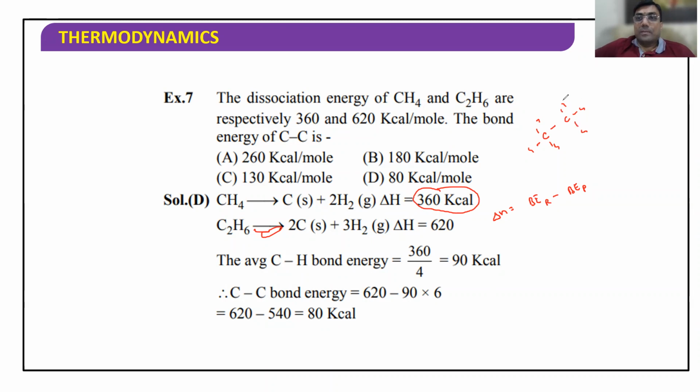How do you find the C-H bond energy? Because it is giving total 360, so 360 by 4. So the C-H bond energy is coming from CH4, right? And total bond dissociation energy is given for ethane. So you can also learn from that.